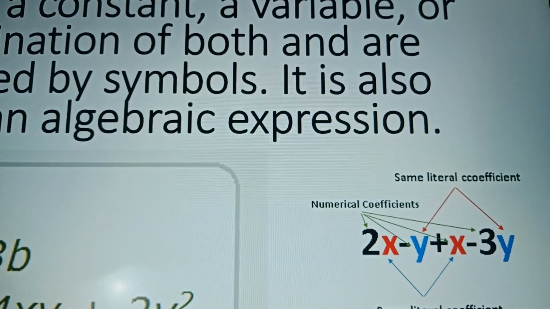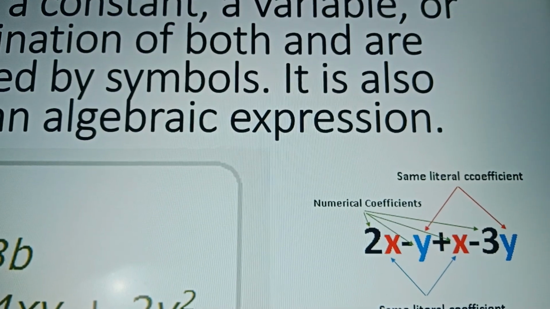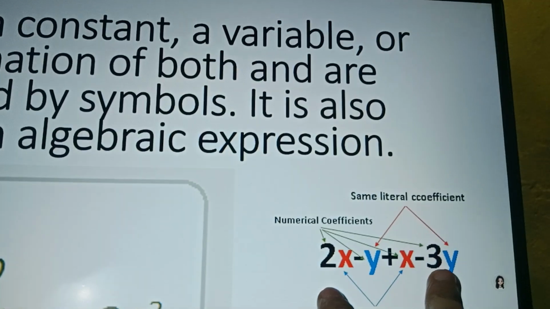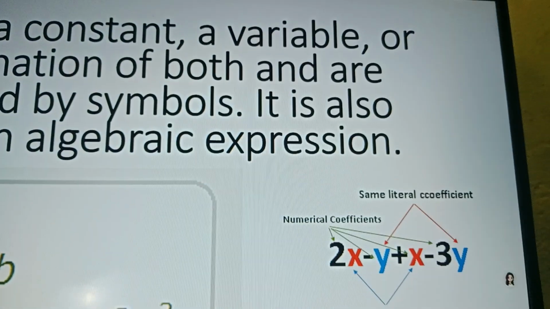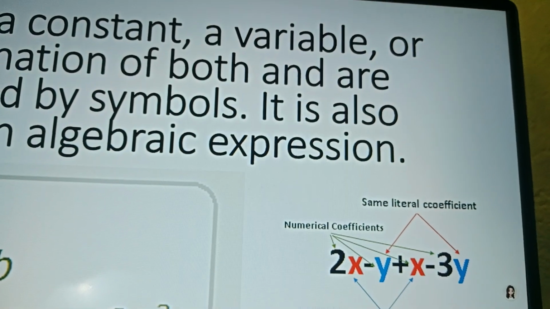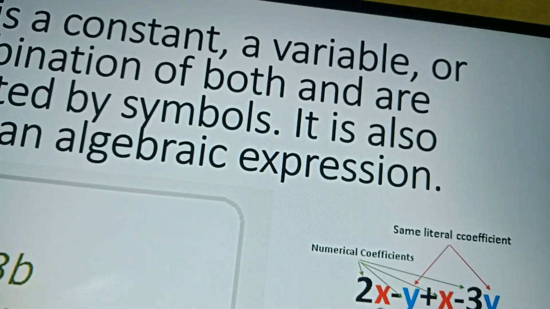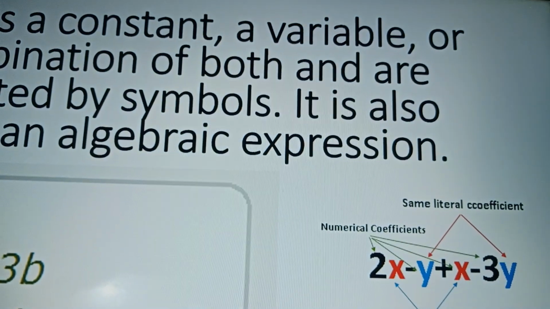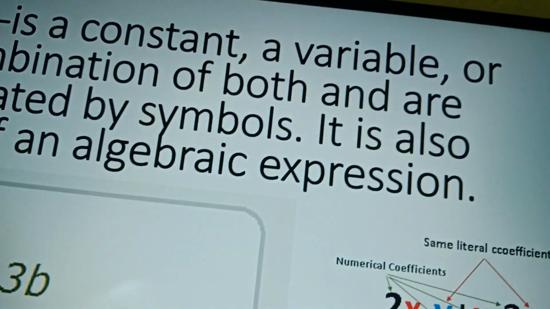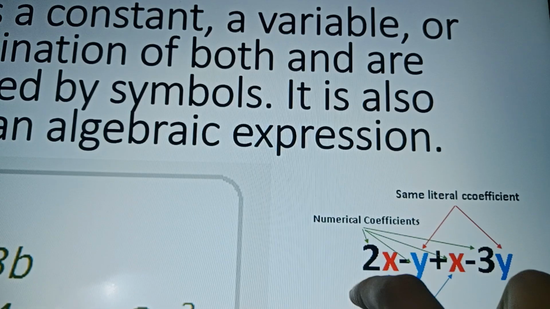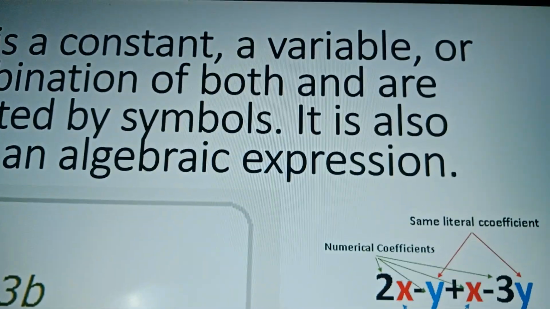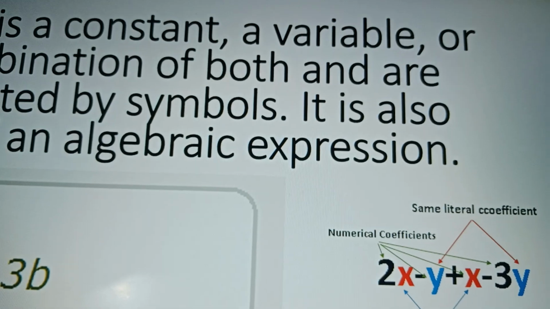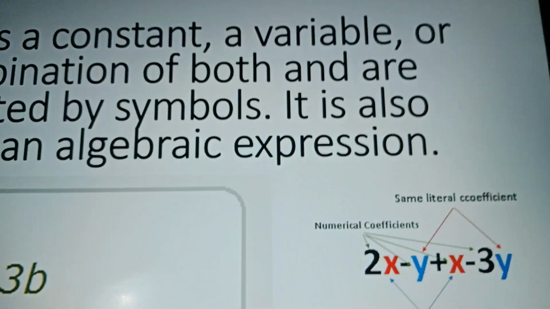Teacher, can we also call 2 and 3 a constant? Yes. 2 and 3 can also be constants. But for more particular calls, we decide together on numerical coefficient. But if you prefer to call it variable or constant, you can do it also.